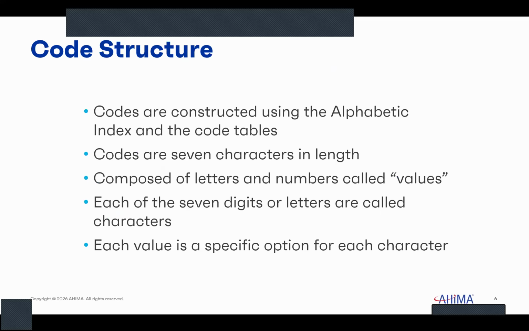And again, every PCS code has 7 characters, and each character answers a specific question, right? And each character has a specific value, if you will, that has meaning. And we'll take a look at that in just a little bit.